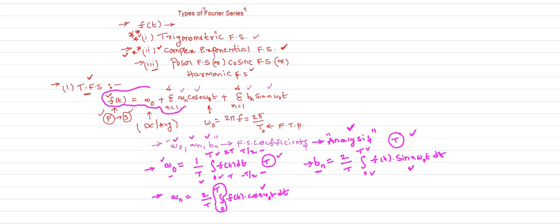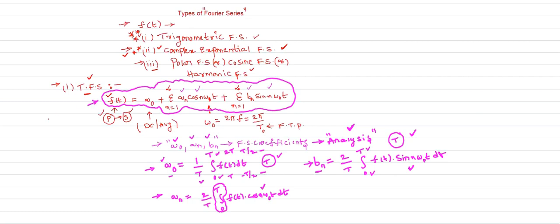So that we can represent your function f of t in terms of the Fourier series coefficients. After finding a0, an and bn using the formula given, we substitute those values in this expression of f of t, so that we represent f of t in terms of the Fourier series coefficients.